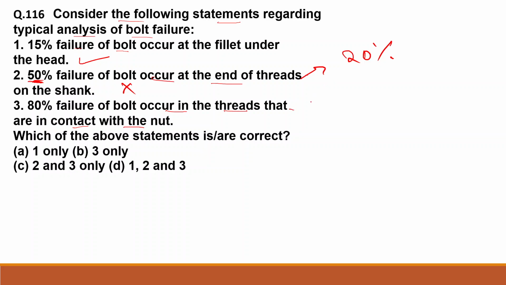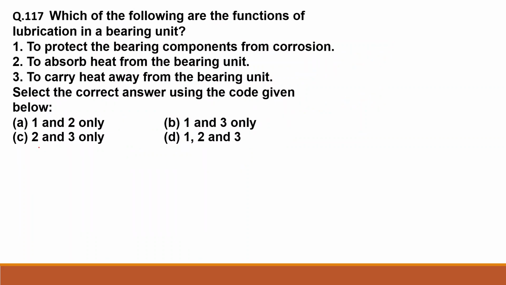So 65% failure of a bolt occurs in threads that are in contact with the nut. Only the first point is right, so option A will be our right option.